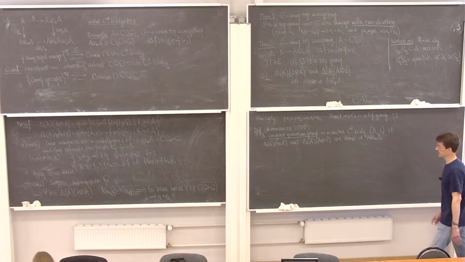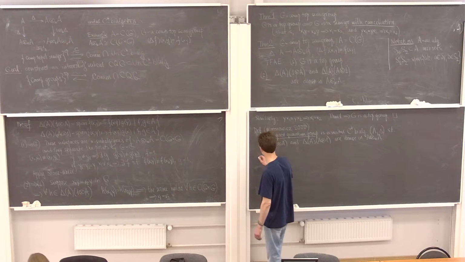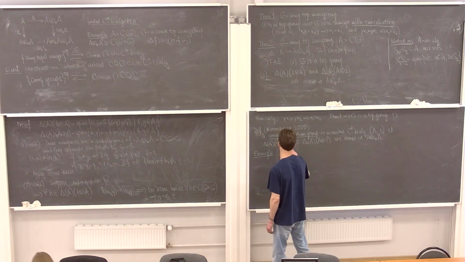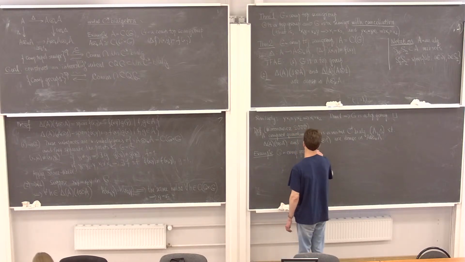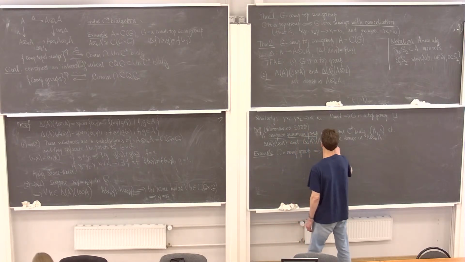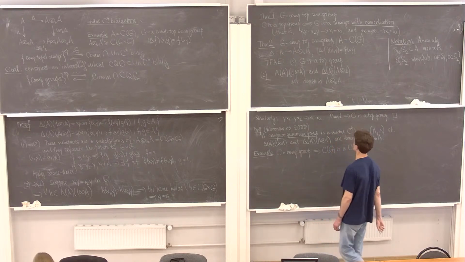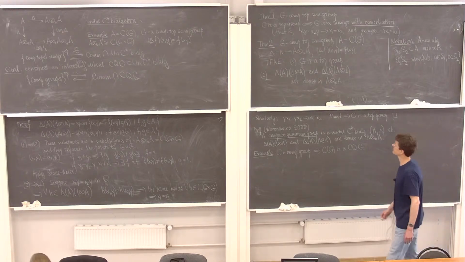So clearly we already have many examples. That is, if G is a compact group, then C(G), the algebra of continuous functions, is a compact quantum group because of theorem 2.